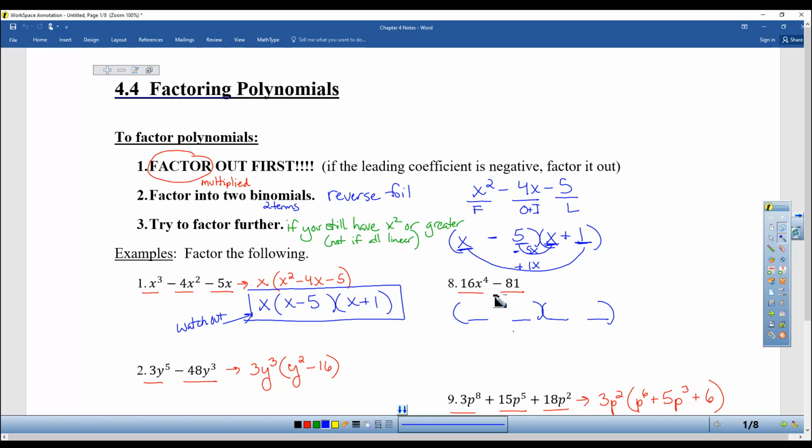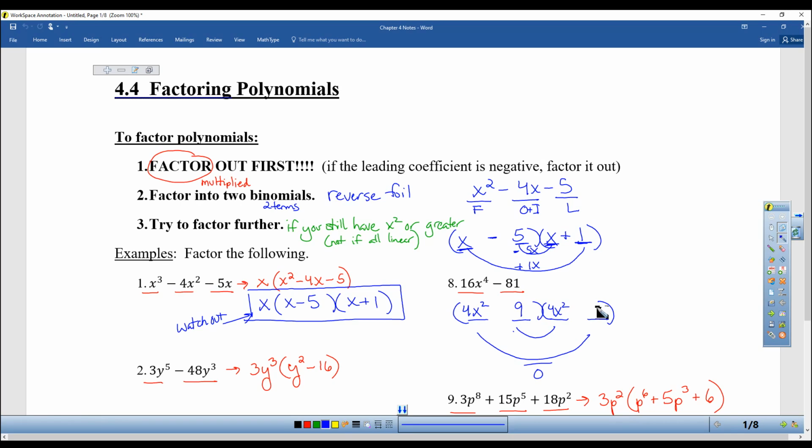Now, when the inners and the outers cancel, that means that they add up to 0, which is great. It means that you know that they have to be the same in numeric value, but opposite in sign value. So the best thing to do is just to start with making them the same. Make this 4x squared and this 4x squared.